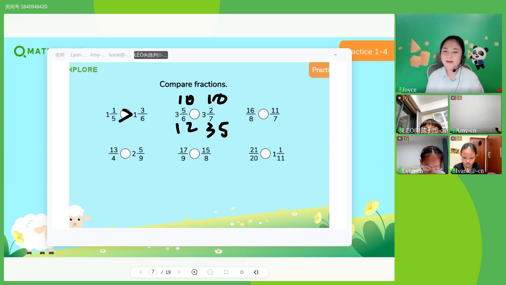Just try to find the best way to convert them and then compare them. Okay? Sometimes you have to make them into improper fractions, sometimes into mixed numbers, right? Sometimes into whole numbers.